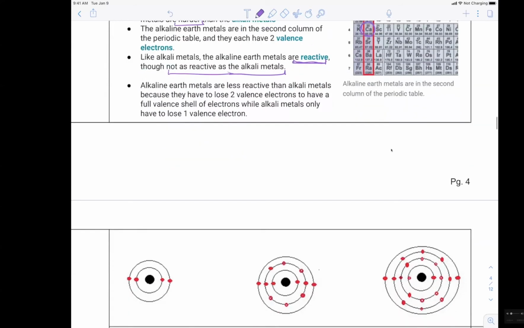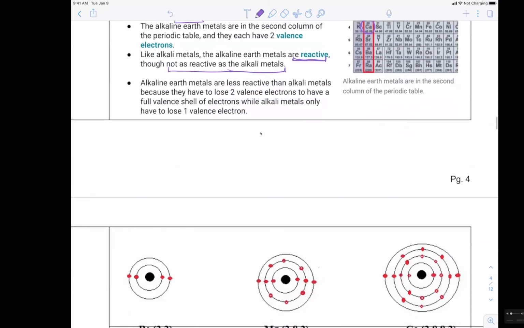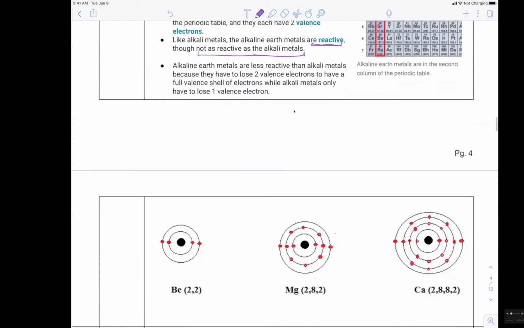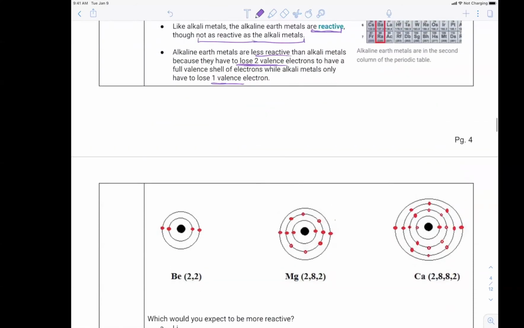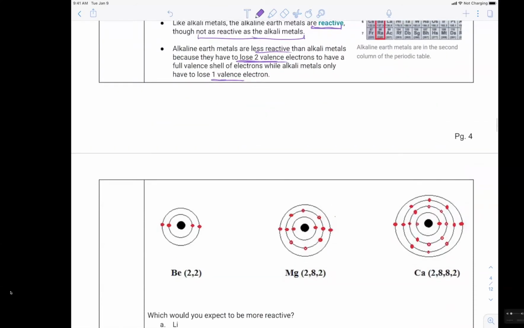The reason for that is that alkaline earth metals are less reactive than alkali metals because they have to lose 2 valence electrons, whereas alkali metals only have to lose 1. So again, you can see these are 3 alkaline earth metals.